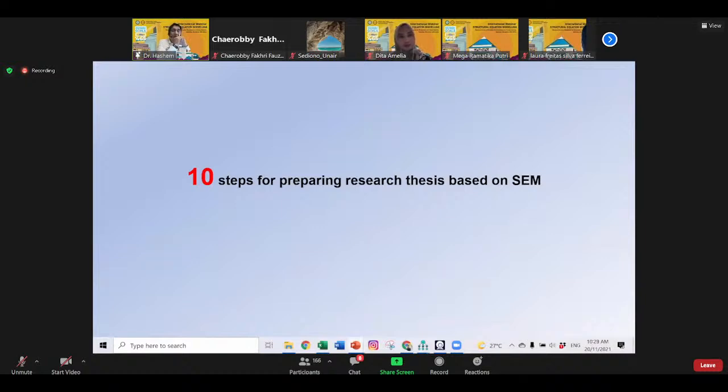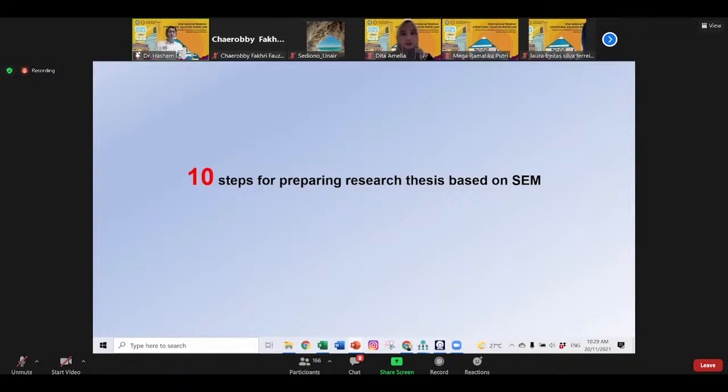Since structural equation modeling came to data analysis, the structure of the thesis has also changed. So here I would like to give you a 10-step process for preparing a research thesis based on structural equation modeling. This is my experience over many years. I did my PhD with structural equation modeling in 2013, if I'm not mistaken, with the airline industry, building performance modeling for the airline industry for my PhD thesis.